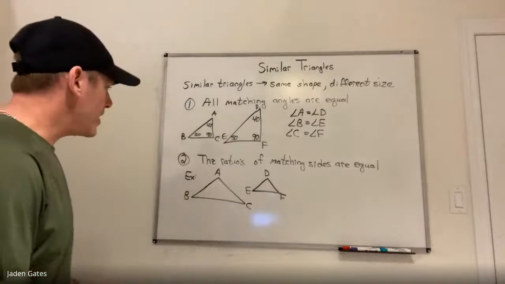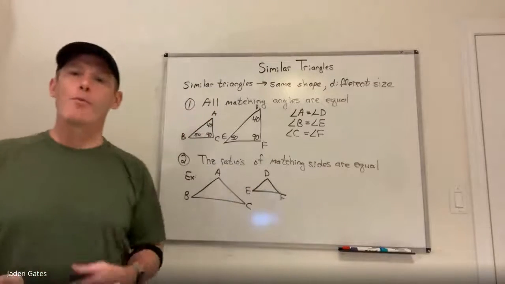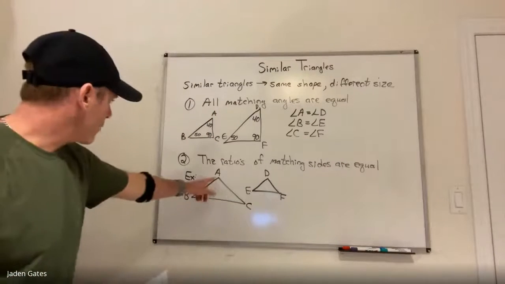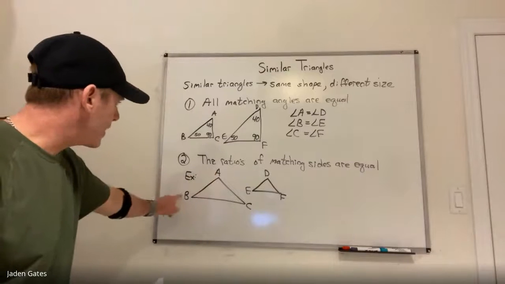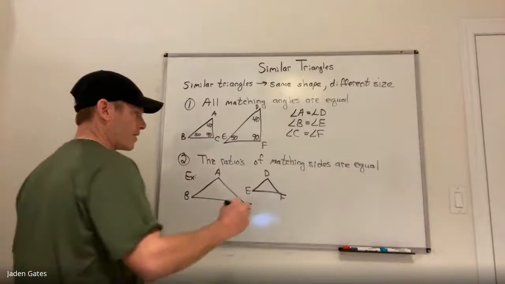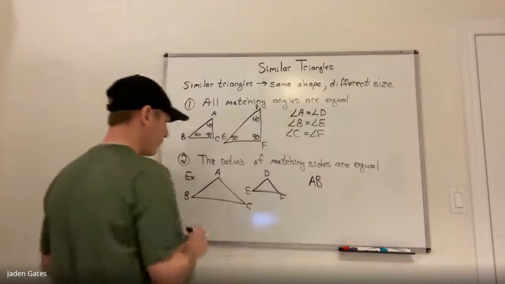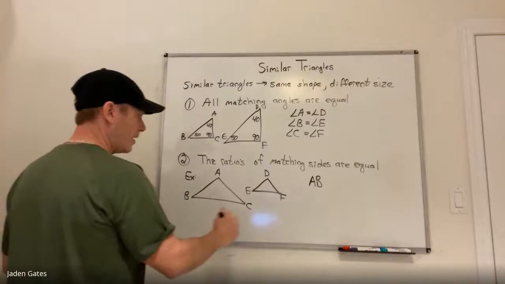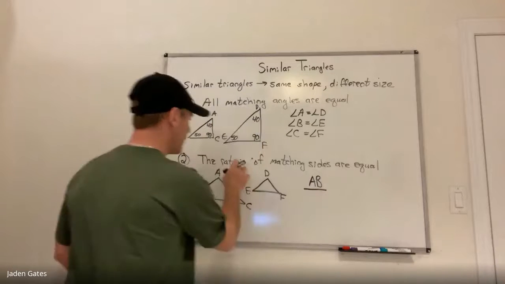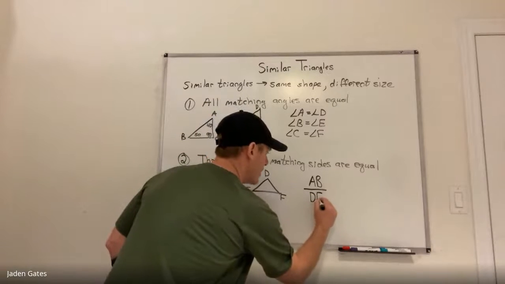And so what that means, the ratio of matching sides are equal, is that when we compare two sides, for example, if I compare side AB and its corresponding side DE, I can write that as a fraction, where I take side AB, that's the side from A to B, divided by DE.